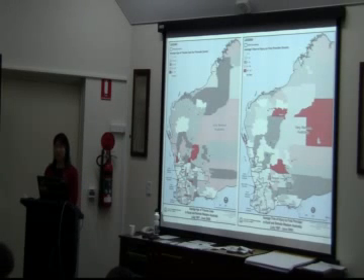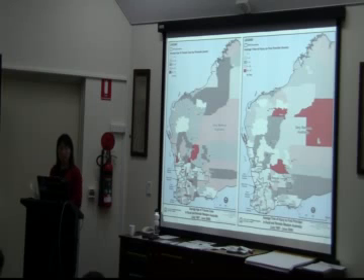We can also map rates and lists of things like this. This map is showing the average age of the trauma cases in rural and remote Western Australia, so we can see where the trauma cases occur and what age in the different areas.